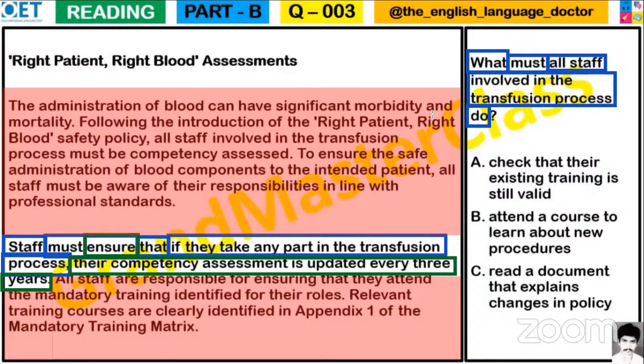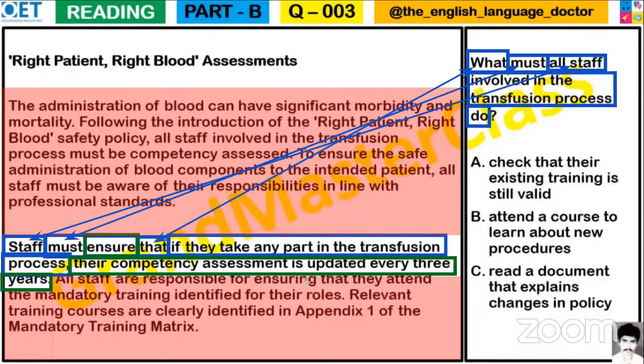Good morning, Pranita. Next one. So the first part and the second part I'm showing you now. Focus on the color. Staff, all staff. Must.